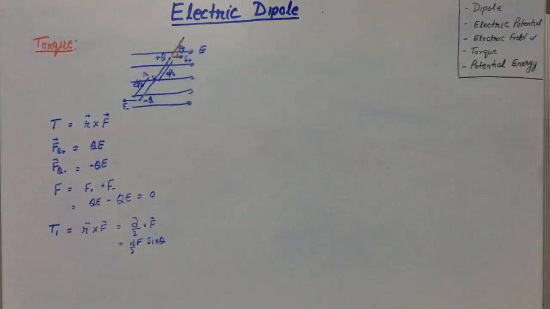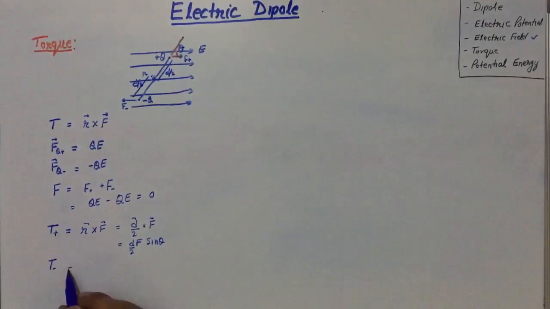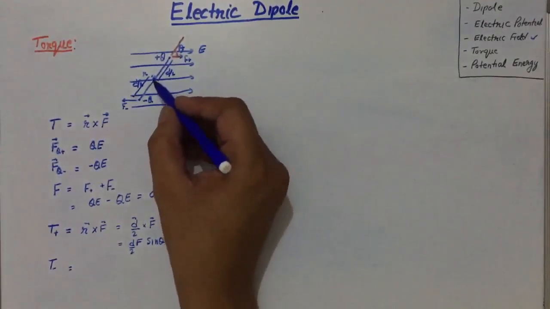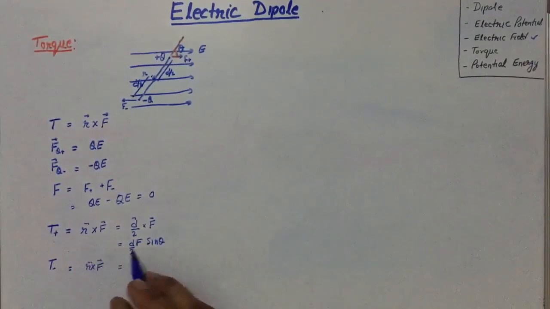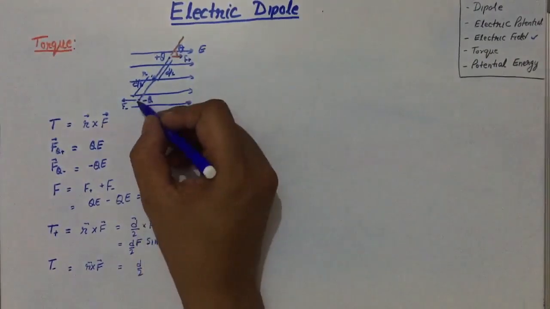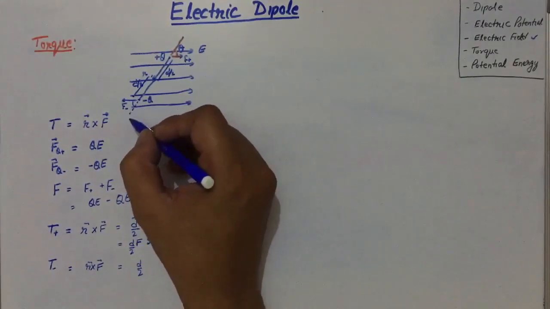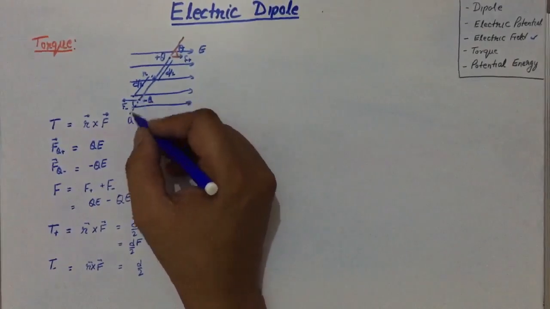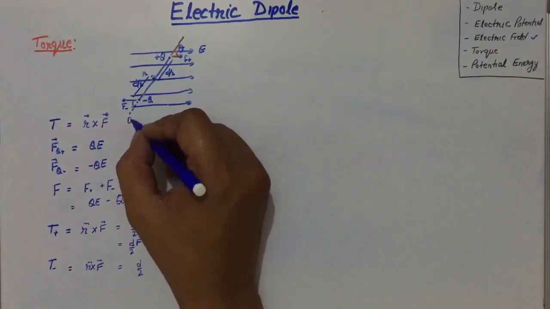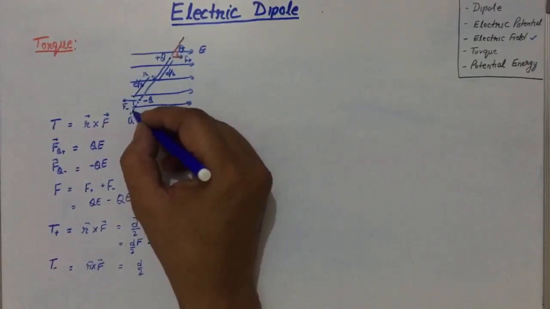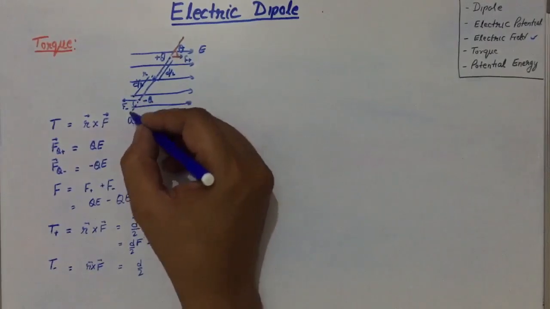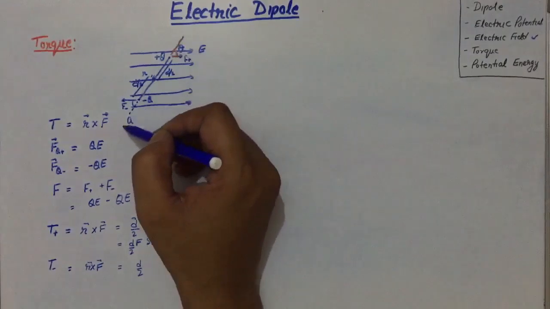Now the torque acting on the negative charge can be considered here, this is d by 2, R cross F. Here R is in this direction and F is in the opposite direction. If R is considered positive on the other side, then it is considered negative here.